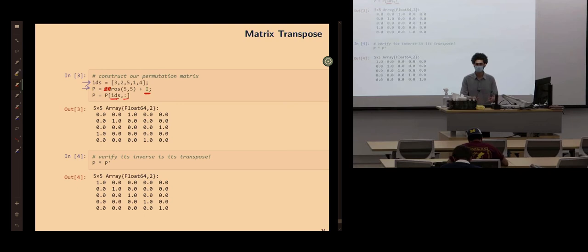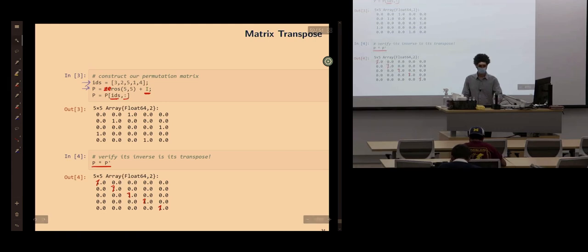These few lines are good to practice. Try to make sense of it. It's very compact, but what I'm doing is exchanging rows. Then I'm going to try P multiplied by P transpose. And that gives me the identity matrix, which is exactly what we expect.